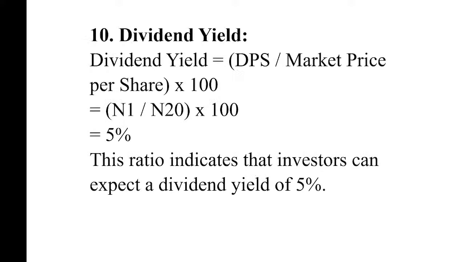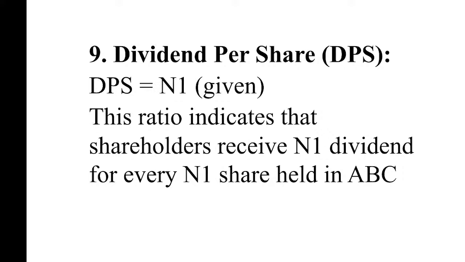You know that dividend per share is equal to the profit over the number of shares that the company has. That is the formula for dividend per share. So dividend per share over market price gives you the dividend yield, and this is computed to be 5%. This ratio indicates that investors can expect a dividend yield of 5%.